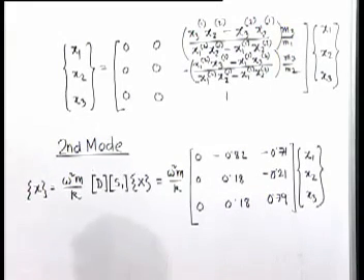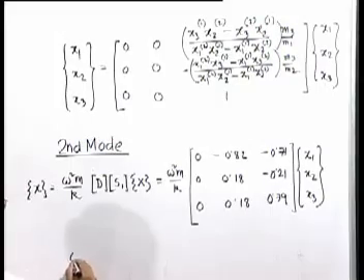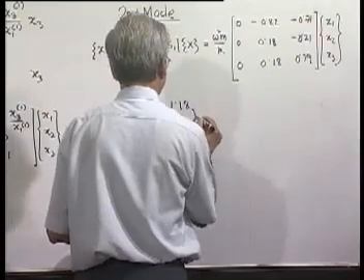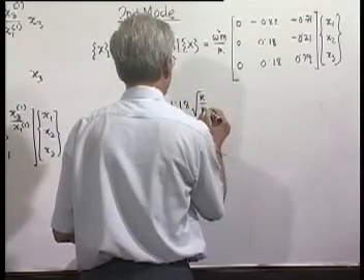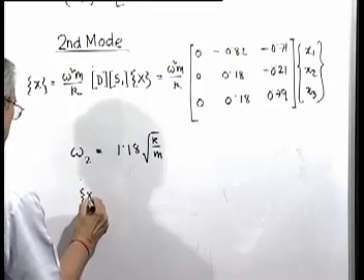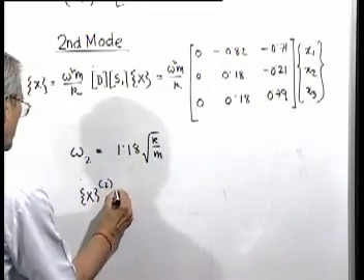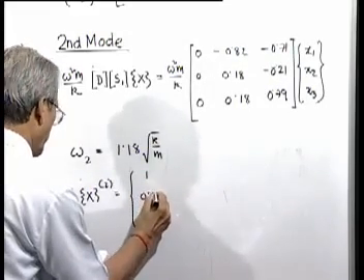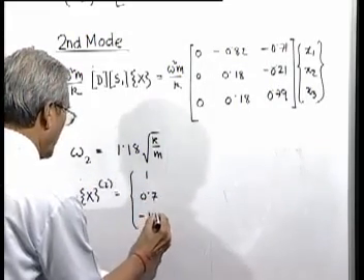What we will be converging to, omega n2, will be 1.18 square root of k by m, and the second mode will be 0.7, minus 1.8.